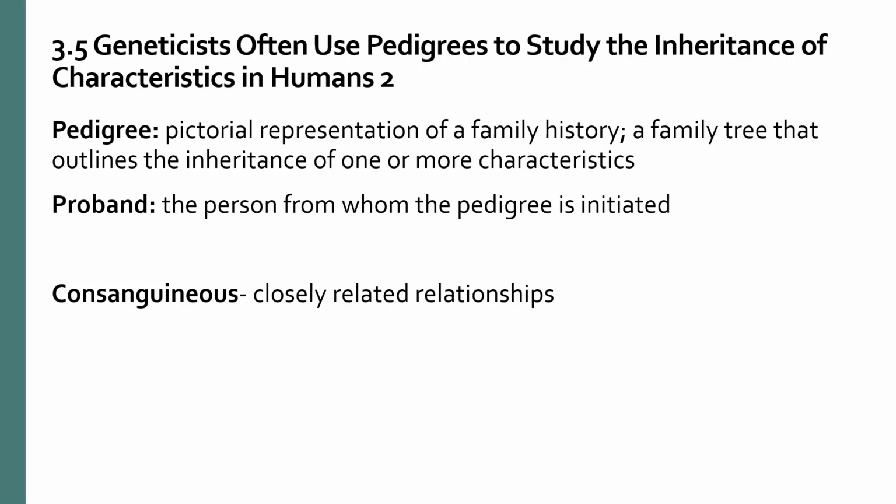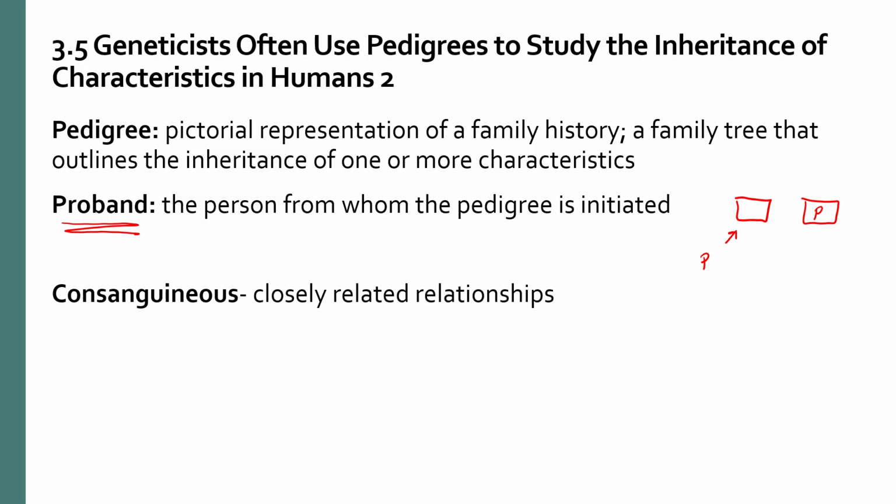So usually somebody presents with a particular disorder, and we want to know how they inherited that pattern. So that person, the first person, or the person who is trying to determine the pattern, is called the proband. And this is usually listed as a P on the pedigree, sometimes with a little arrow, or a P in the center. This is just saying this is the person in question.